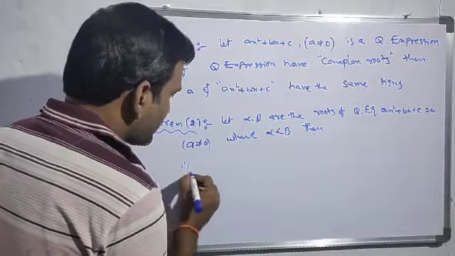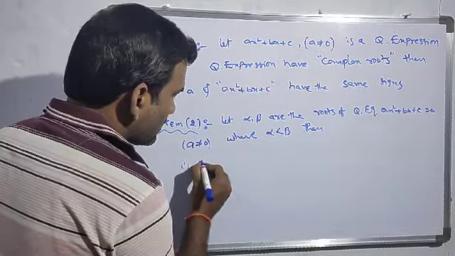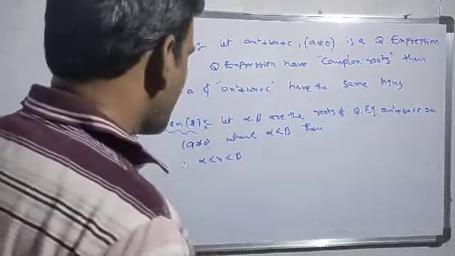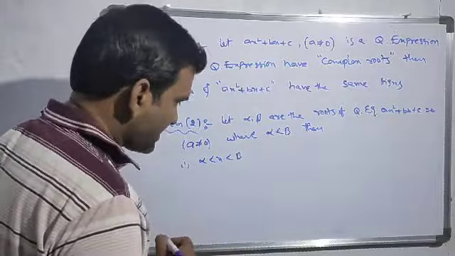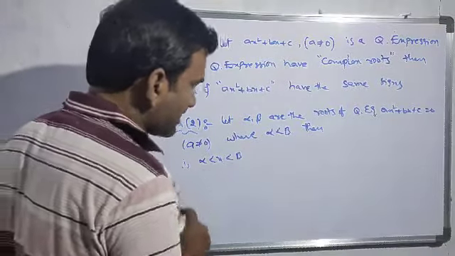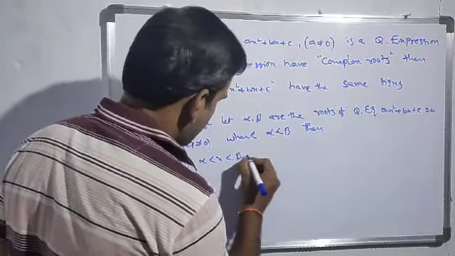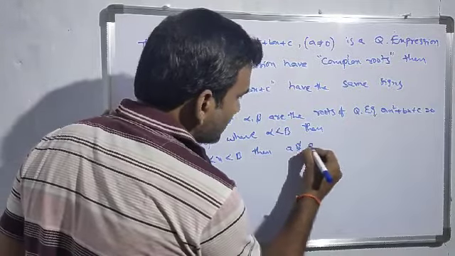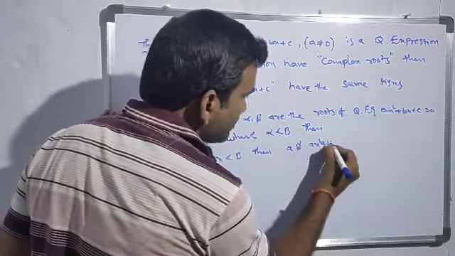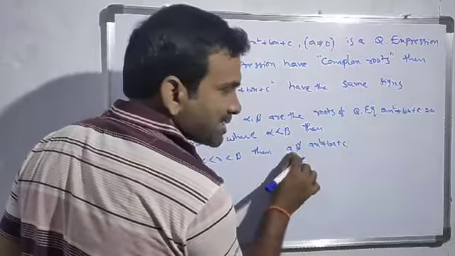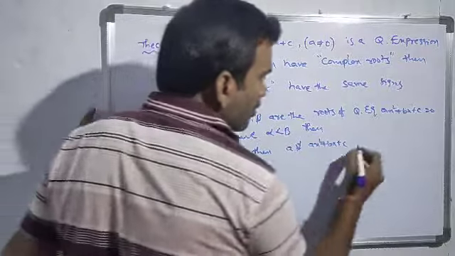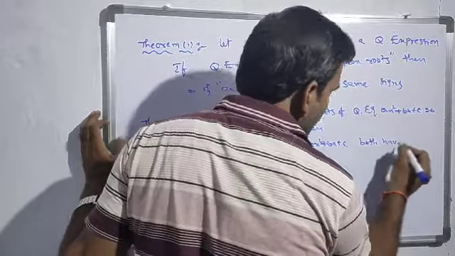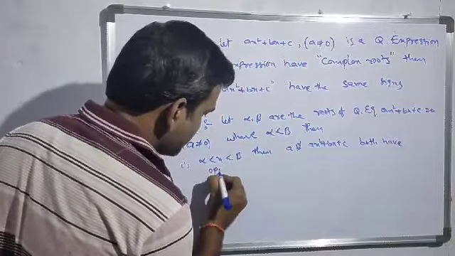our first content: alpha less than x less than beta. Suppose in this case, then a and ax² + bx + c, that means the principal coefficient and the expression, have opposite signs.